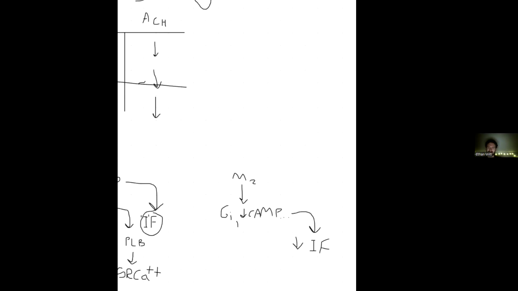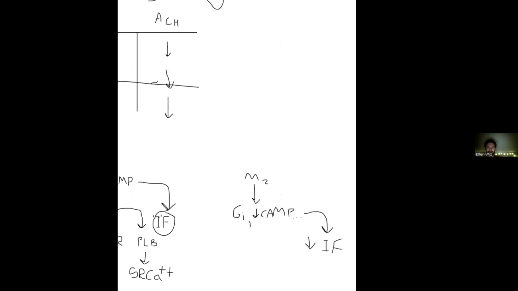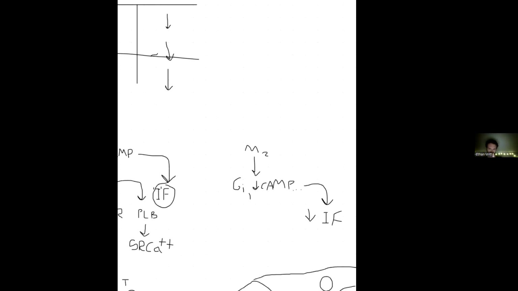Acetylcholine is released at the synapse and it binds to our M2 receptors.